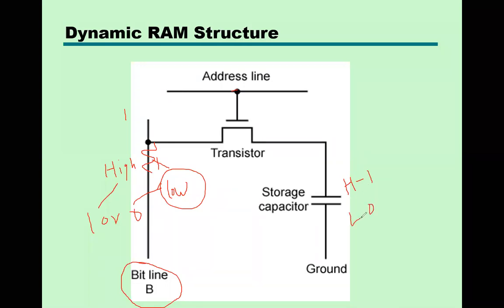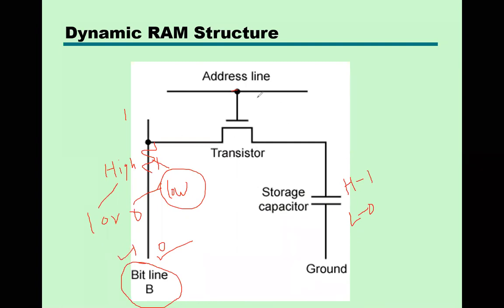And when you are reading data from this capacitor, simply from the address line you choose a particular cell and check the capacitor. If there is no voltage, meaning the capacitor is not holding any charge, it means 0. If it is holding a charge, it means 1.